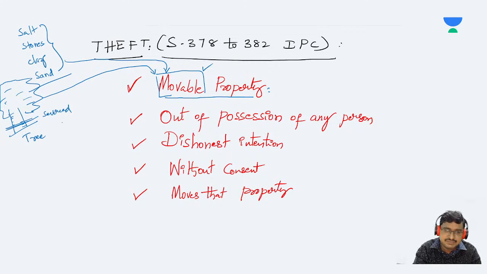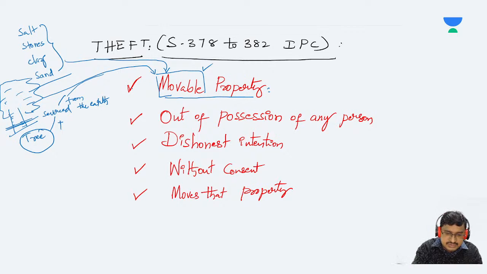Therefore, a tree severed from the earth becomes movable property as under section 378 of the Indian Penal Code.